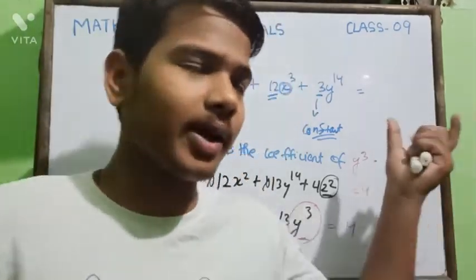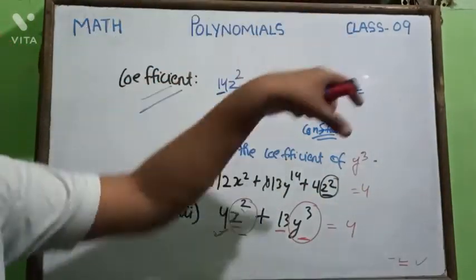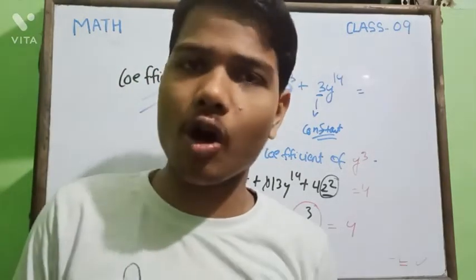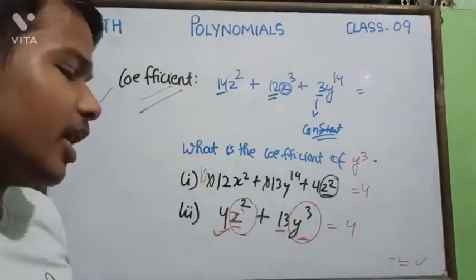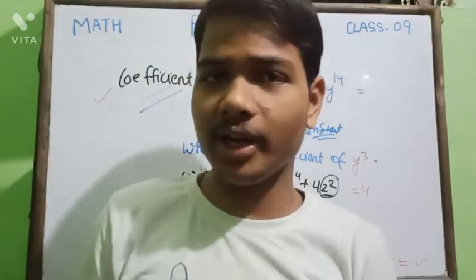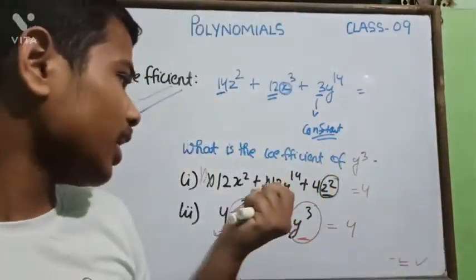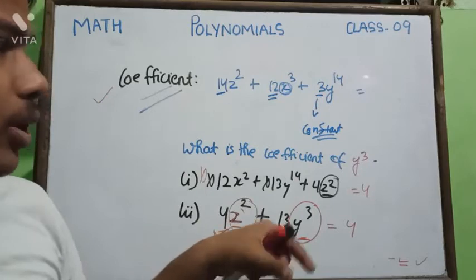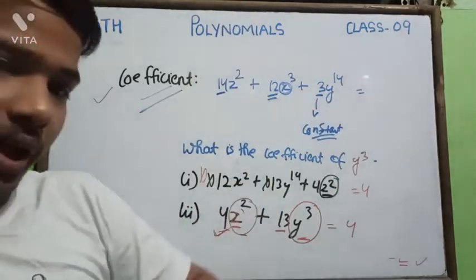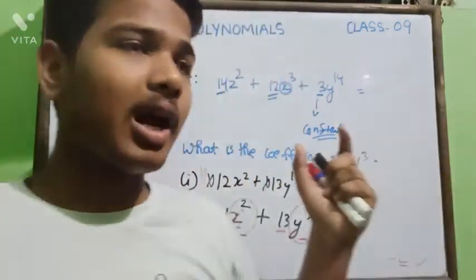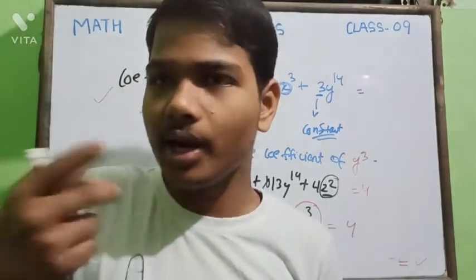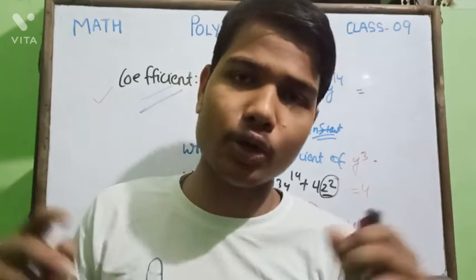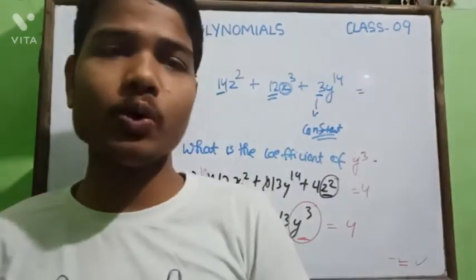So I hope you have understood the division of polynomials on the basis of the degree, what the word coefficient means, and what we mean by degree. In the next video we will talk about how to find whether something is a polynomial or not, and we will do exercises on coefficient, degree, and many questions. So thank you, keep learning.